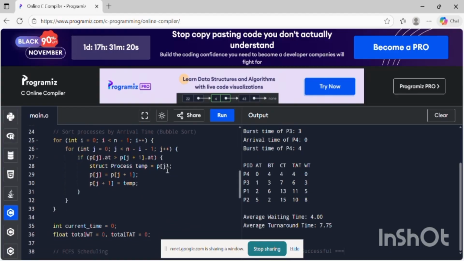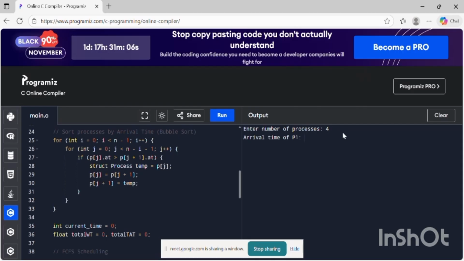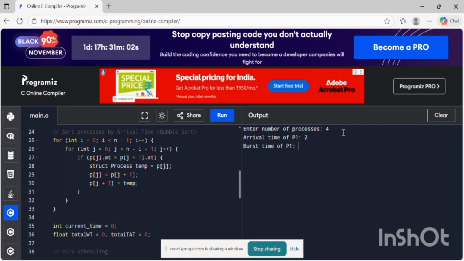Here is the code for first come first serve in C programming. Enter the number of processes: 4. Arrival time for P1 is 2. Burst time for P1 is 6.